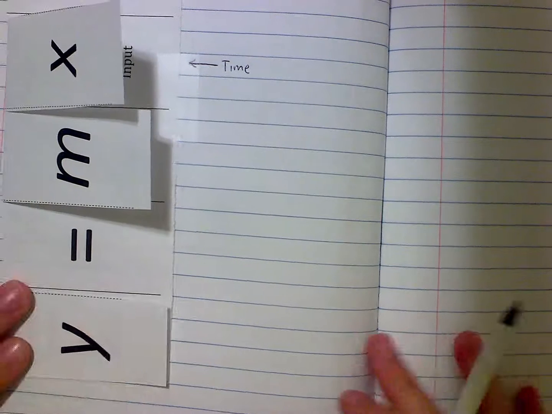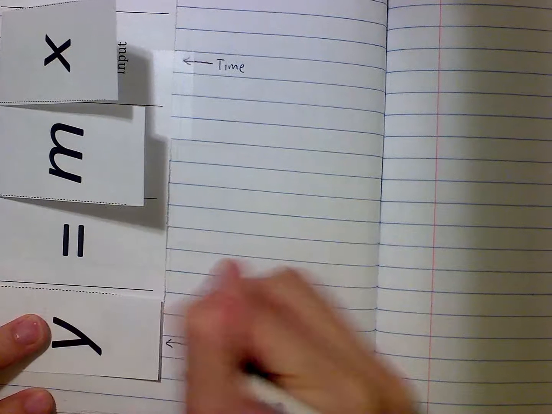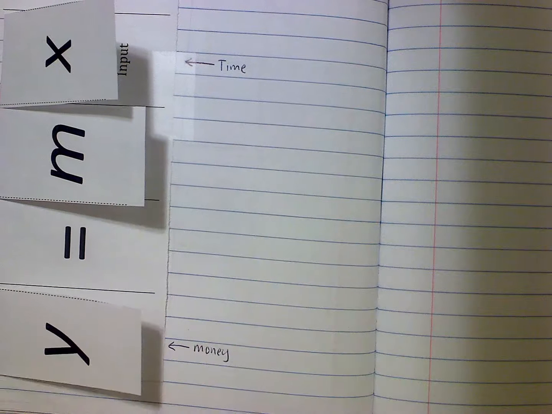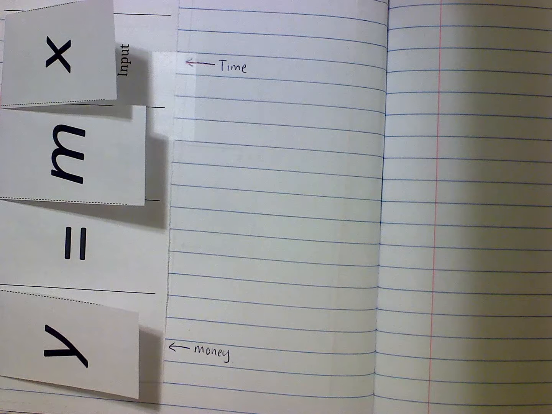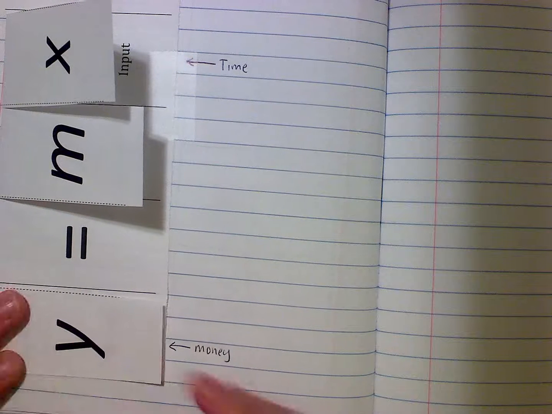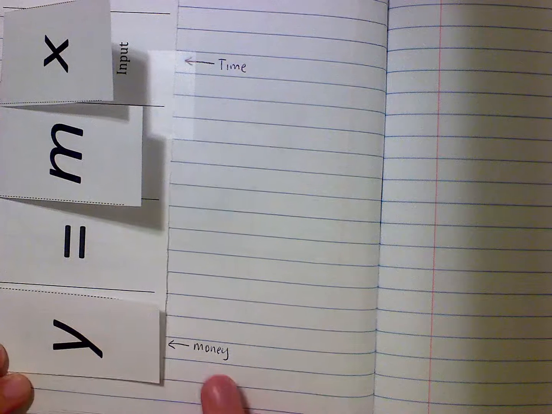And then on the flip side, another thing we talk about is money and paying for things. And so money is pretty much always a dependent variable, right? Money doesn't just happen. You don't just get money. You get money as a result of doing something, or you spend money as a result of doing something, right? Like you work a certain number of hours and that causes you to make money.